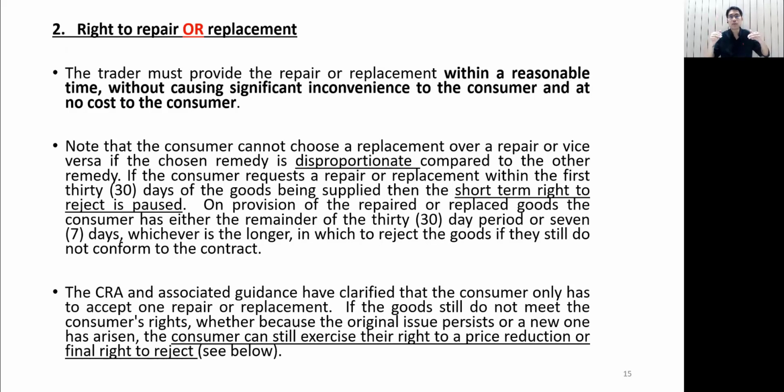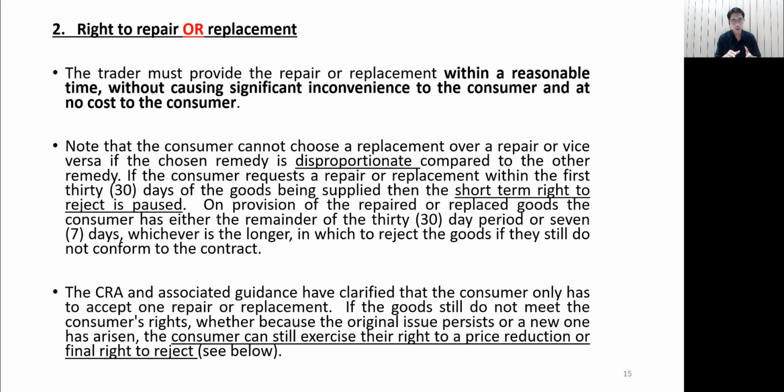So for example, if this is a small scratch, which is very easily rubbed off with some kind of special cloth, that's it. Then choose that. You would not be allowed to choose a full replacement, because that would make this remedy disproportionate to the other, right? So this is an example to show you how repair or replacement works.